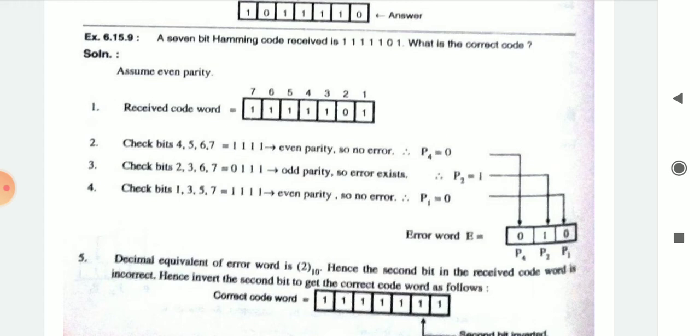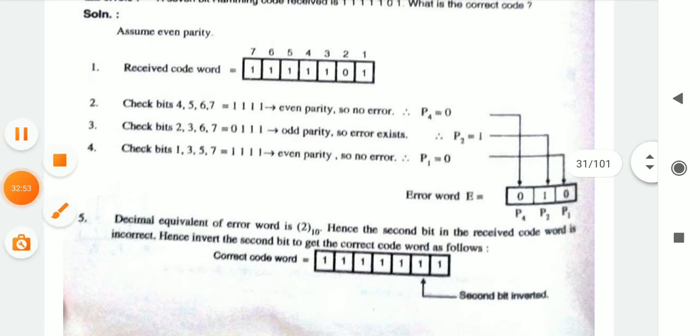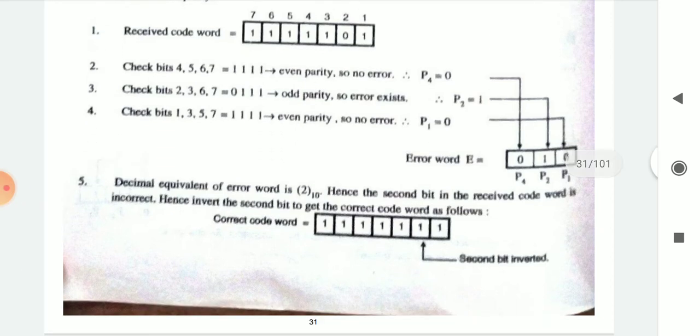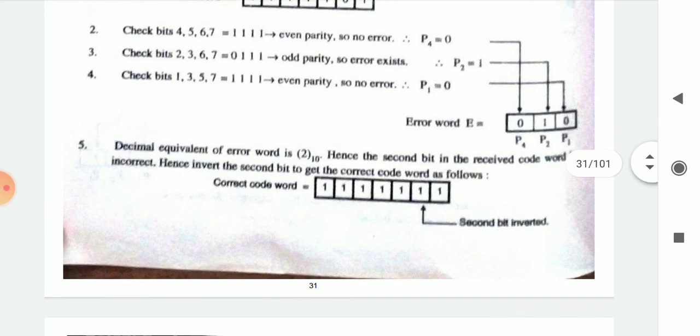That's why we have to first of all construct a linear block. Assume even parity. The received code word is 111101. Check bits 4 5 6 7 is equal to 111. Even parity, so no error in check bits.